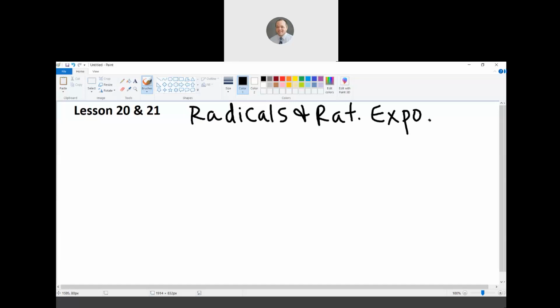A rational exponent is just simply an exponent that's in fraction form. Now, before we look at some radicals or rational exponents to evaluate, let's go over how to convert from a radical to a rational exponent.